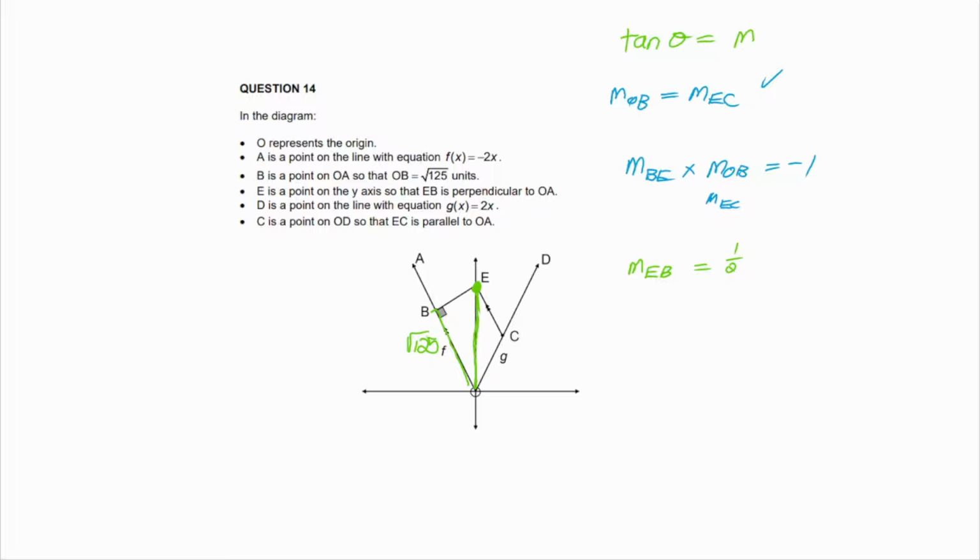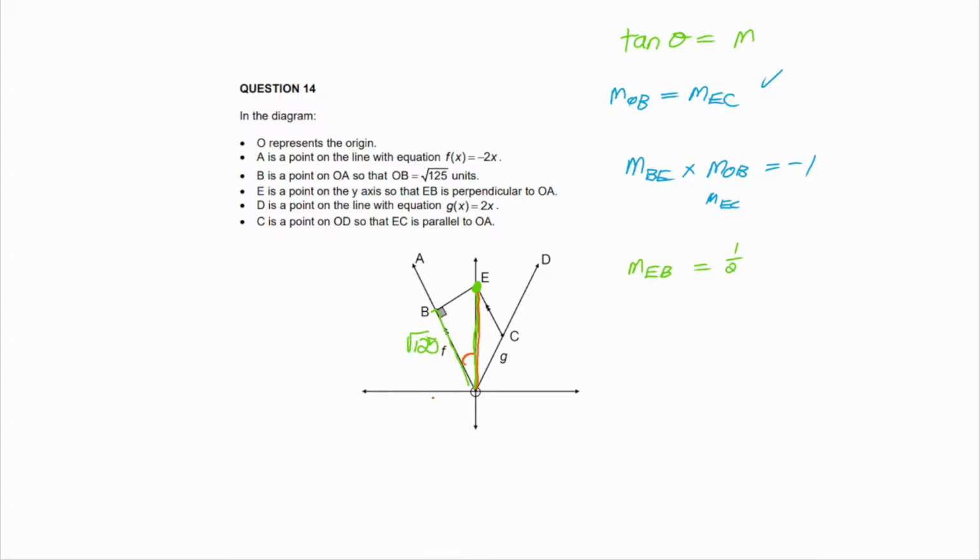I can find it because I can find the inclination of this line. And I know that this is 90 because the x-axis is perpendicular to the y-axis. So I can take the inclination minus 90, and I'll have this angle. Then I'll be able to work out OE, and then I'll be able to find the coordinate of E.